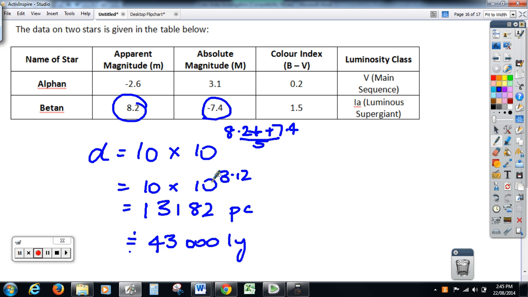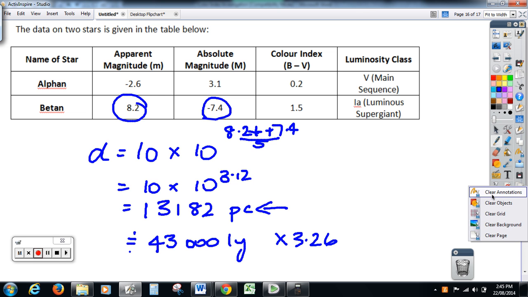Now that's quite a large number, approximately 1,320. We times it by 10 and we get 13,000 parsecs. Then multiplying by 3.26, you can determine the distance to Beten in light years, and I've rounded it to just 2 significant figures there.